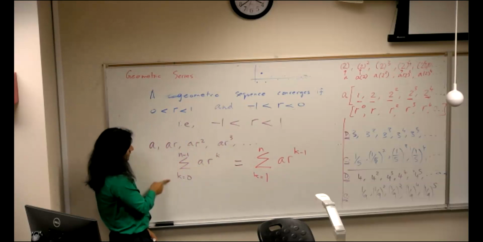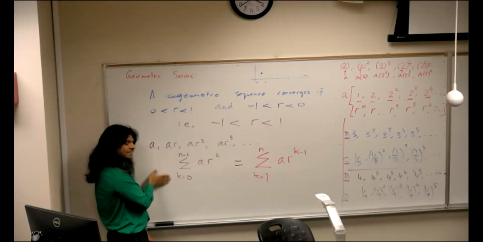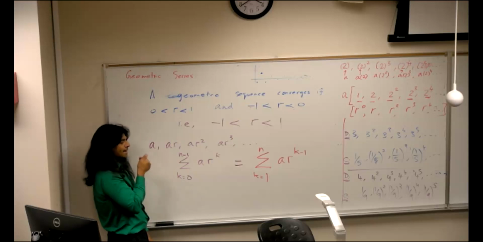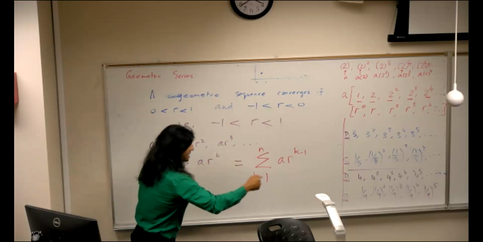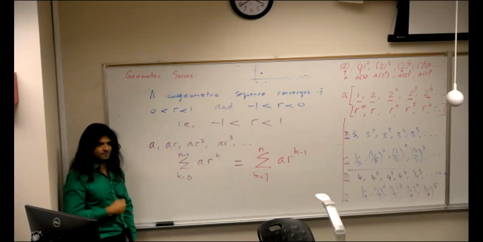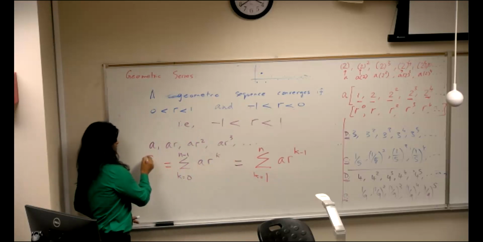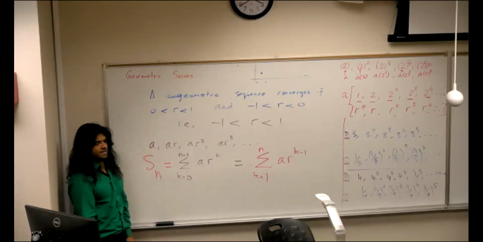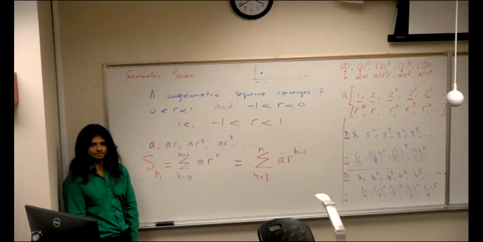But this is not a sequence, this is a series. I'm summing the first n terms of the sequence, yes? So it is the nth partial sum.